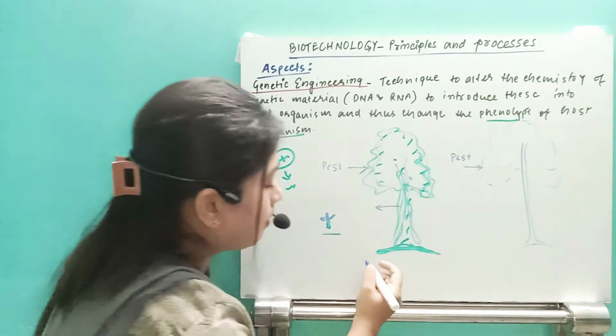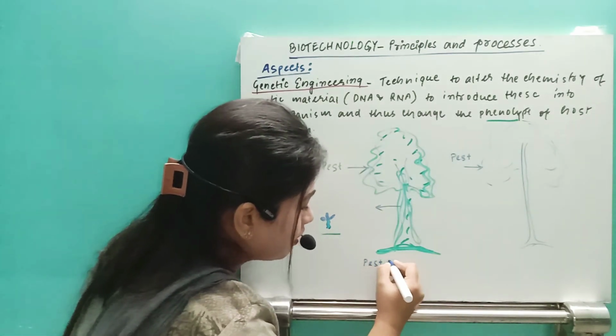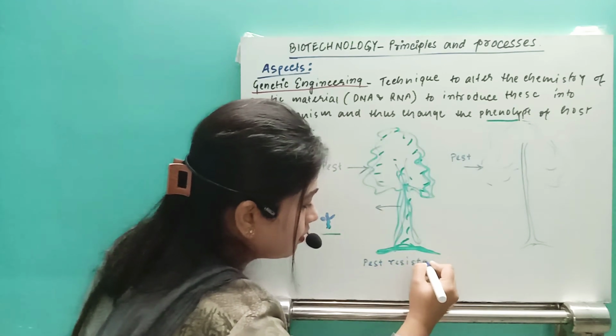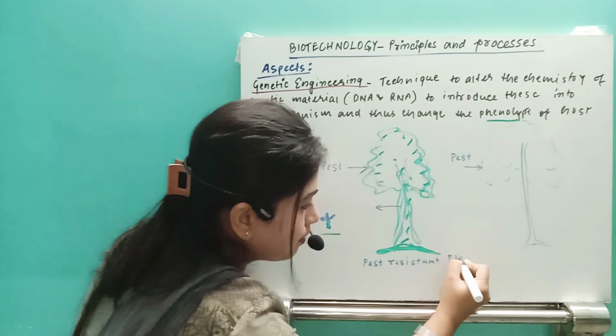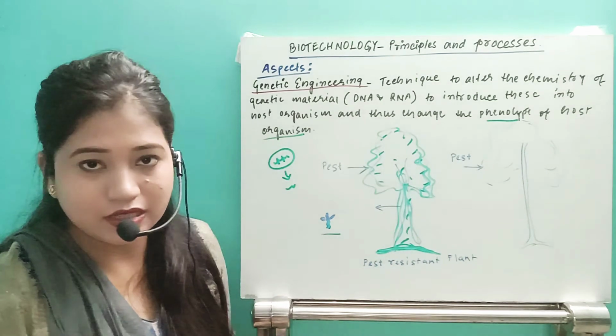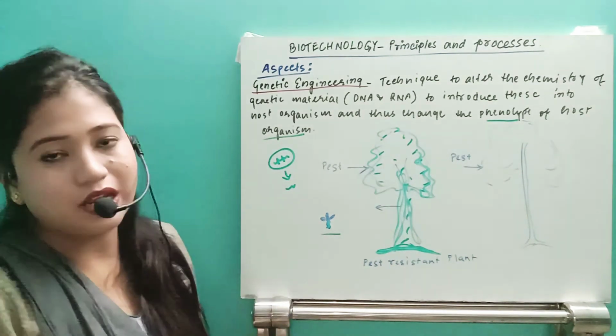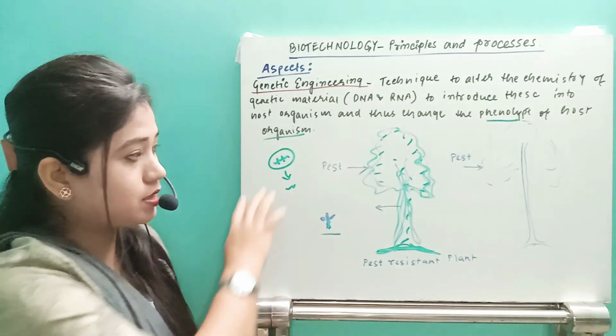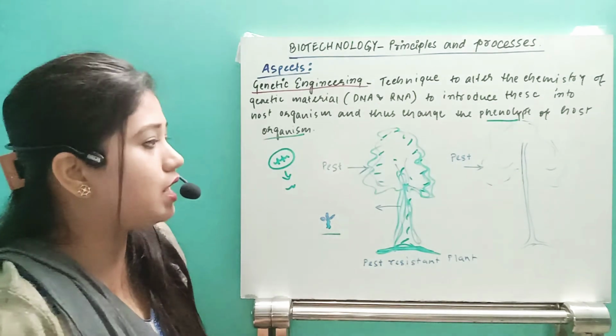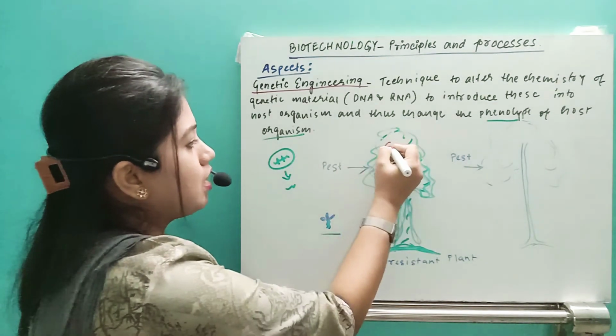So that plant becomes pest resistant, is it? So it becomes a pest resistant plant or not? Isn't that so? That is genetic engineering, and this pest resistant plant is known as GMO.